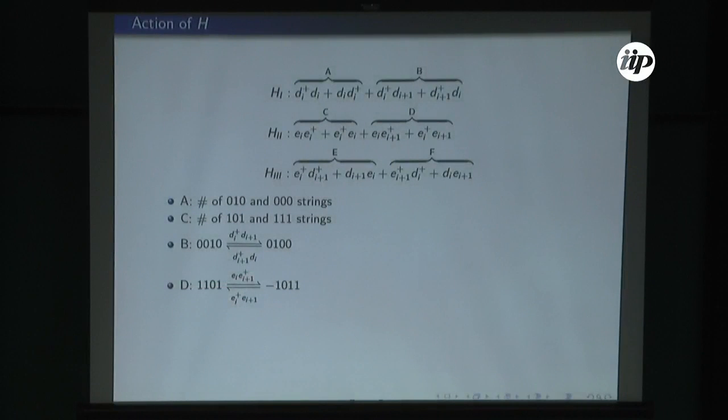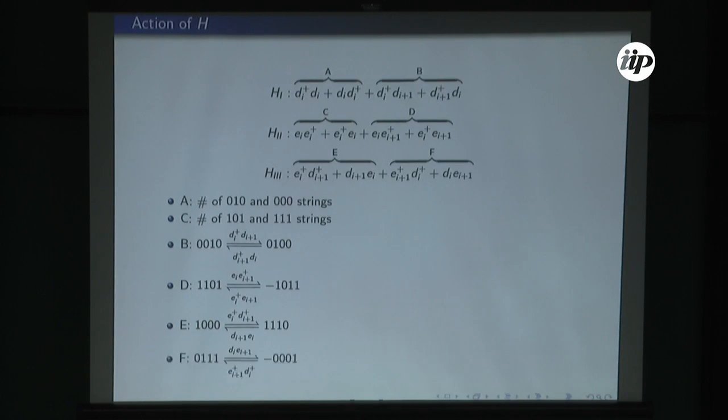And then these mixed terms, there are E and F. E describes that if you have a string which is 1, 0, 0, 0, then two more fermions can be created at these two sides.